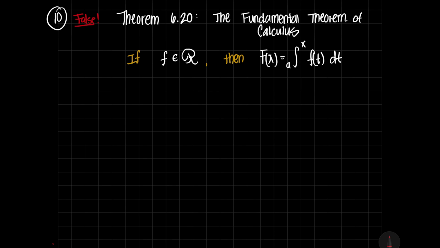So for problem 10, what makes the statement false is that it states the derivative of big F is equal to little f. This is not guaranteed unless, at a particular point, f is continuous. This false statement suggests F is differentiable everywhere.